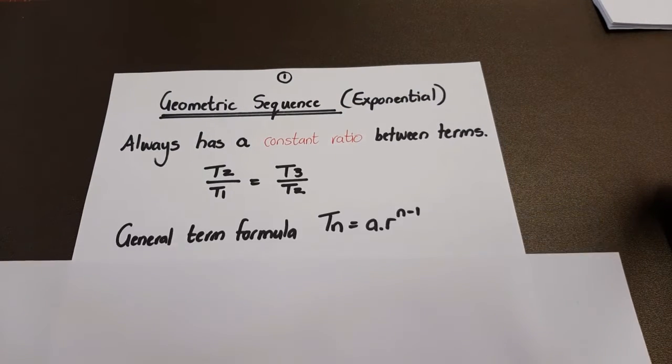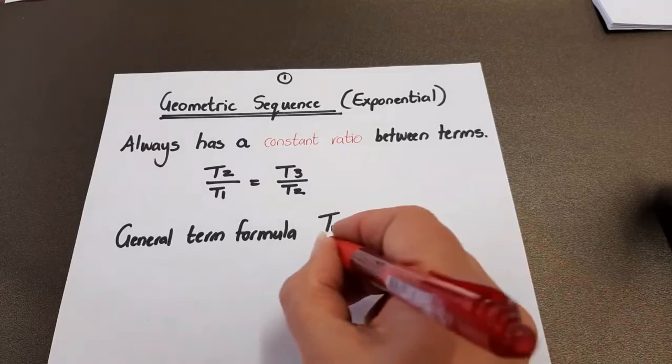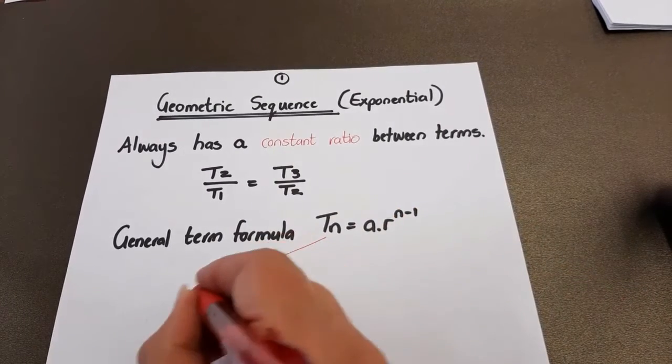Again, we have a general term formula. Tn equals A times R to the power of n minus 1. You have to know this formula. What does that mean? Tn is our nth term.